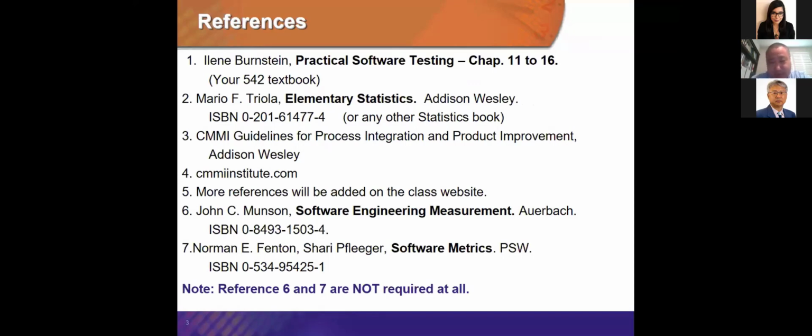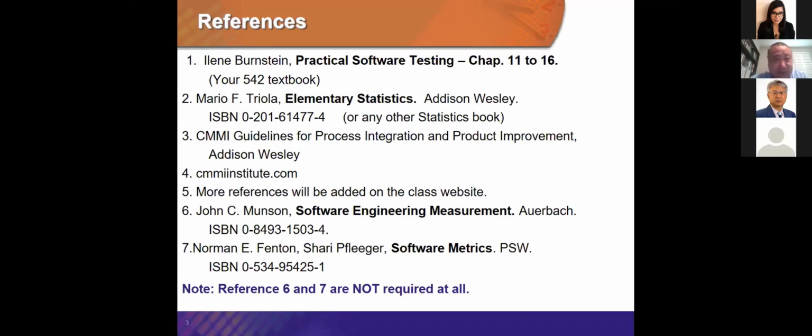I'm probably going to provide more, just like what I did last semester, and some of the current stuff, maybe blog articles. I'll point to links you might be able to read for some more current and interesting topics regarding software measurement.